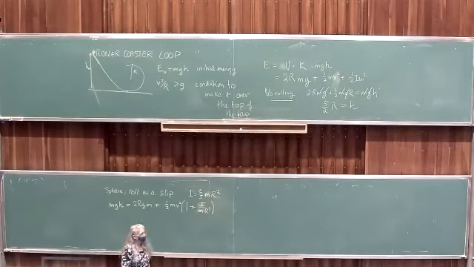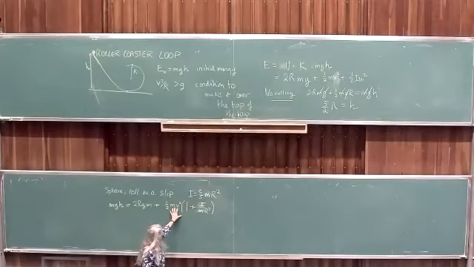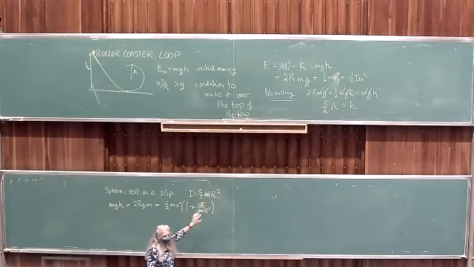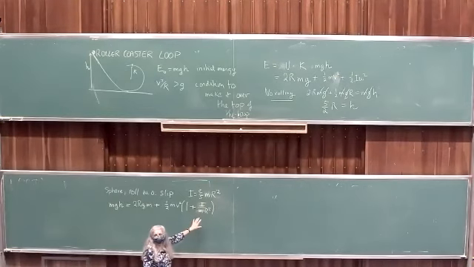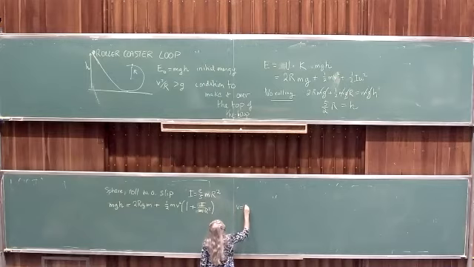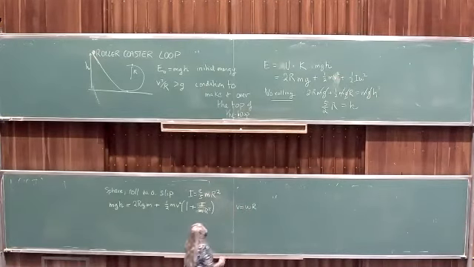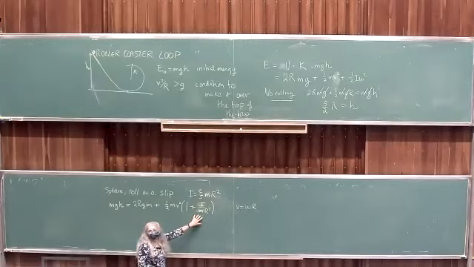This is what we had written down before when we took the center of mass kinetic energy, and then we had the rotational kinetic energy, but we used the roll without slip condition to get rid of the angular rotation rate. So we used the fact that v has to equal omega r to get rid of omega, and then we could write the total kinetic energy like this.